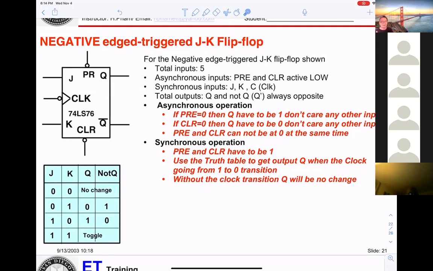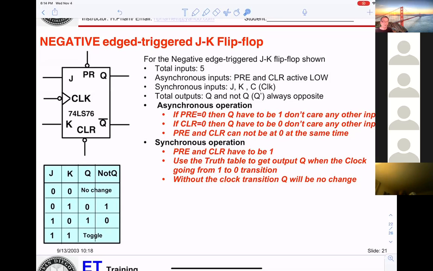And in this case, they already explain what we already done. Preset 0, Q must be 1 no matter what. Clear 0, Q has to be 0. And the preset and the clear cannot be 0 at the same time.